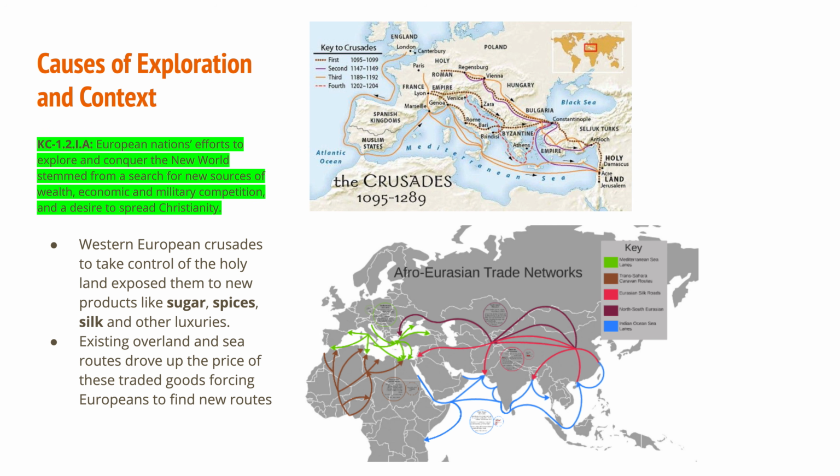And while they were there, they were being exposed to new goods like spices and silk and other textiles. And they ended up wanting to have more of these goods be brought to Western Europe.